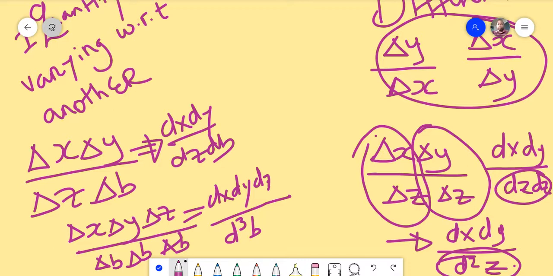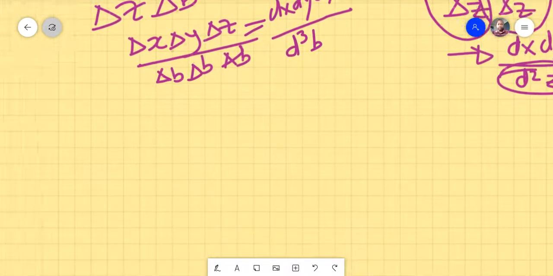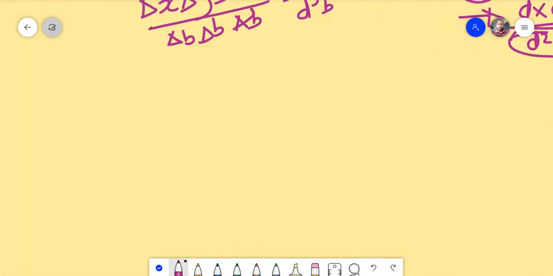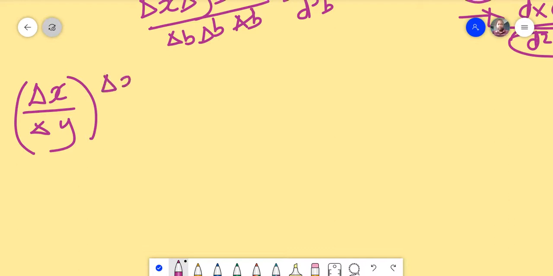Okay, and then we can also have another situation. Let me just take you up so that you can see. You can have a situation whereby you have a quantity x varying with respect to y, and then this one again, you vary it again, the same quantity. Now you vary it again with respect to y.